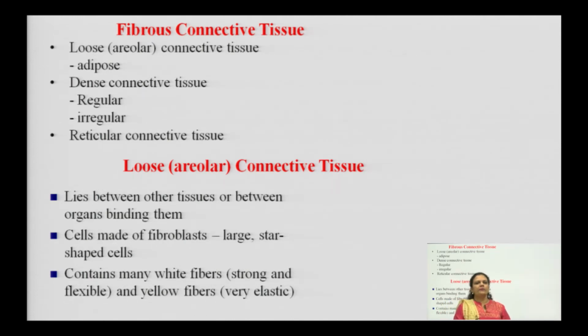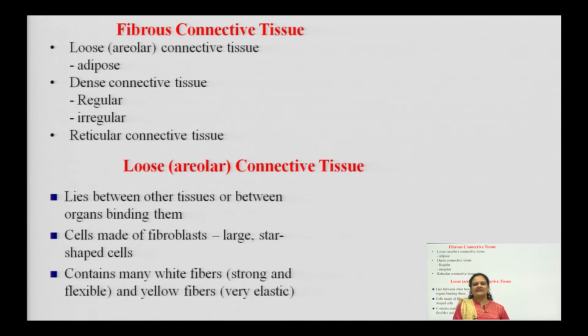Now, coming one by one in detail, the first one is the loose, also known as areolar connective tissue. These loose connective tissues are found between the tissues or in between the different organs, binding each other. In the loose connective tissues, the cells present are fibroblast cells.